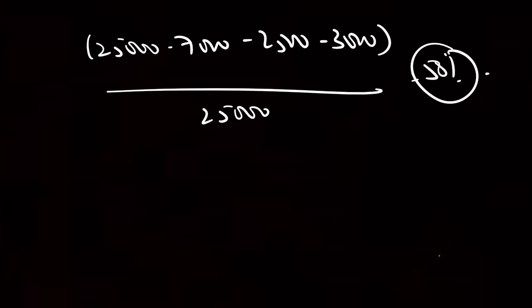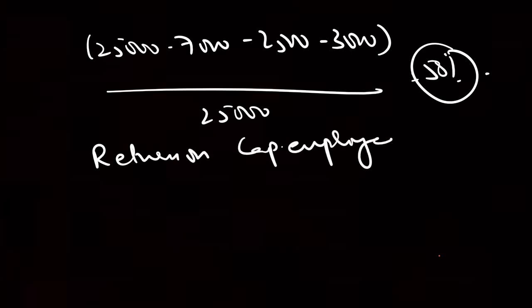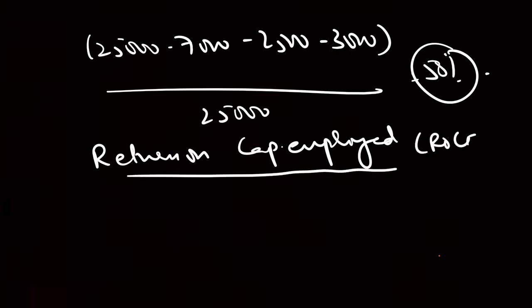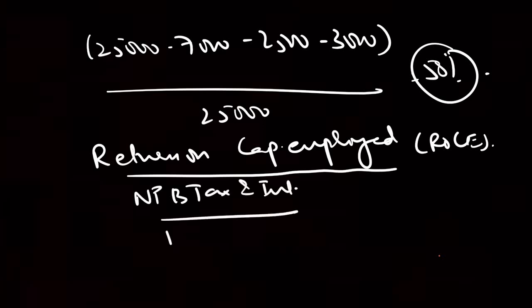Okay, then if we are asked to calculate ROCE, that is return on capital employed. So what's the formula? Net profit before tax and interest divided by debt plus equity, or long-term debt plus equity.